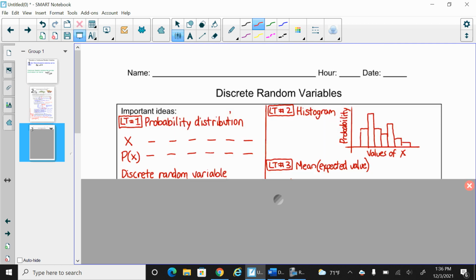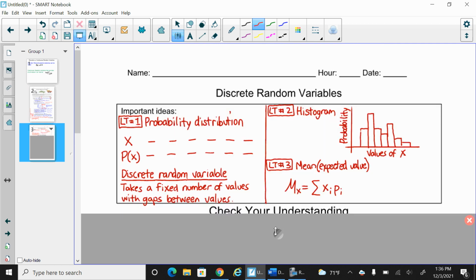All right, so in summary, here's our important ideas. Make sure you know how to write up a probability distribution. We were working on this in chapter 5, right? How to represent our probability and make sure it adds up to 1. A discrete random variable takes on a fixed number of values with gaps between the values.